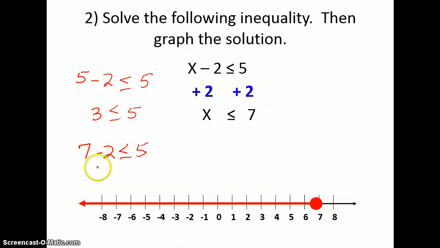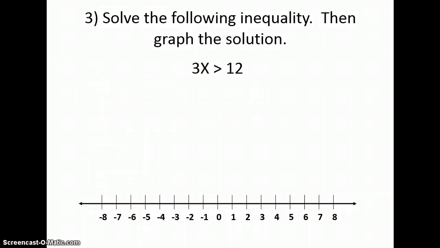Well, what's 7 minus 2? That's 5. Is that less than 5? No. Is it equal to 5? Yes. Because in my solution, it can be less than, or it can be equal to what I get when I solve my inequality.